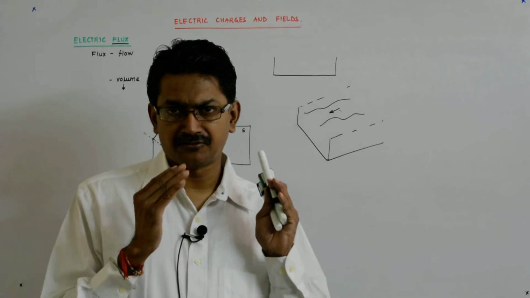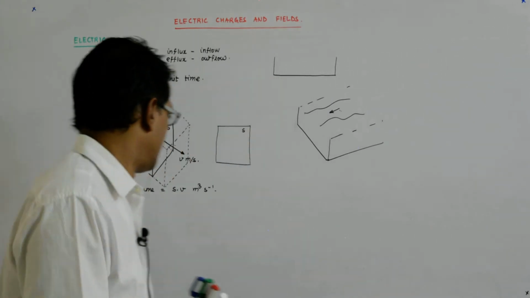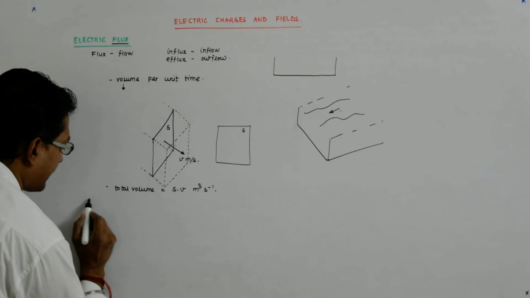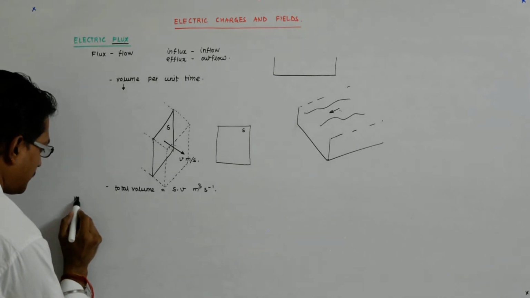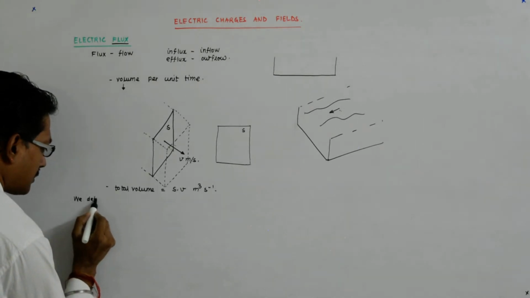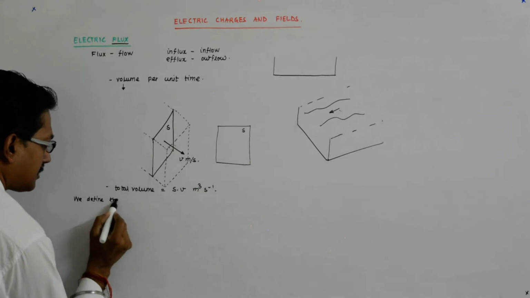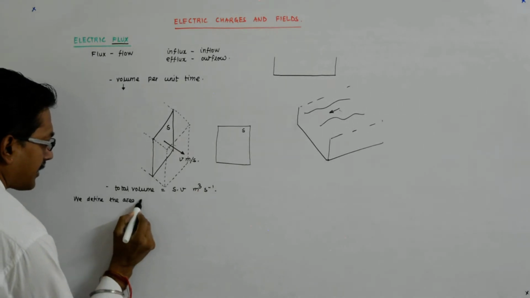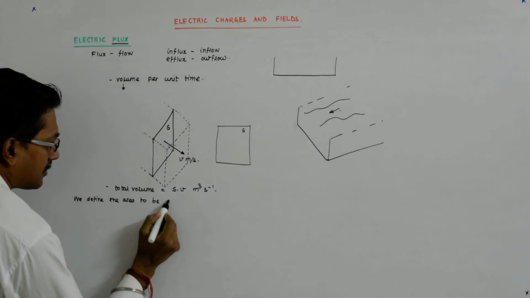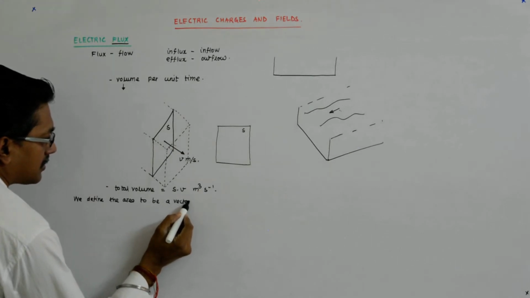This is the first time that we are doing it. So we define the area to be a vector.